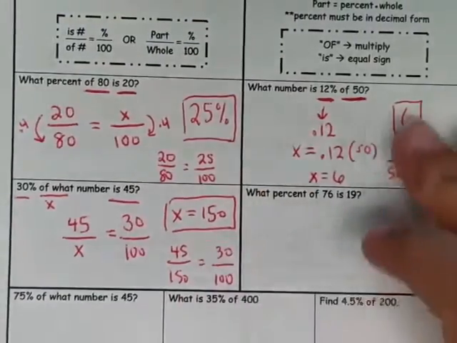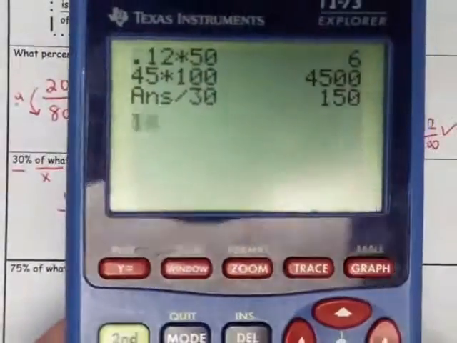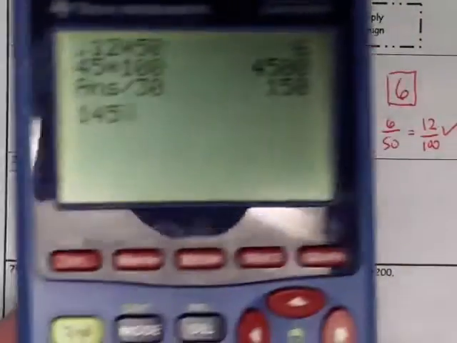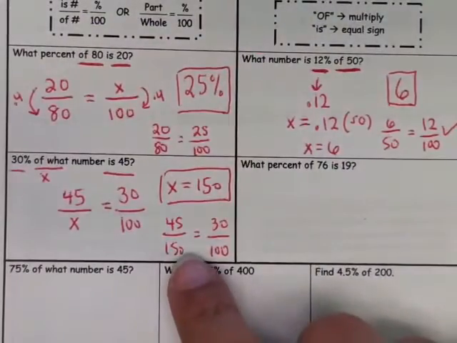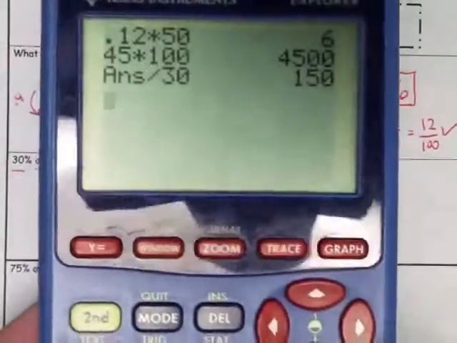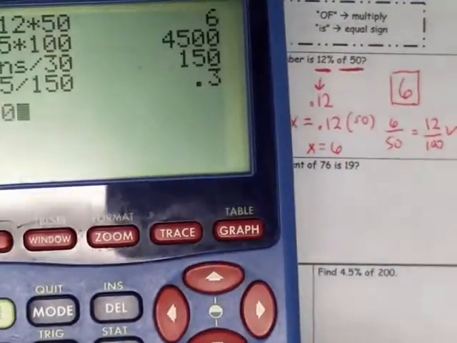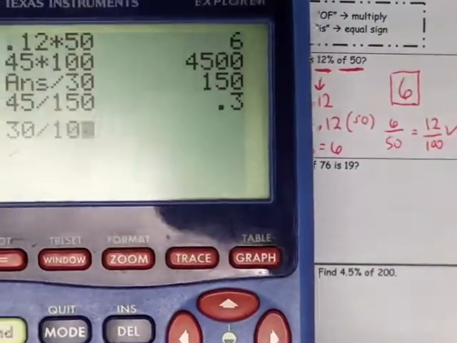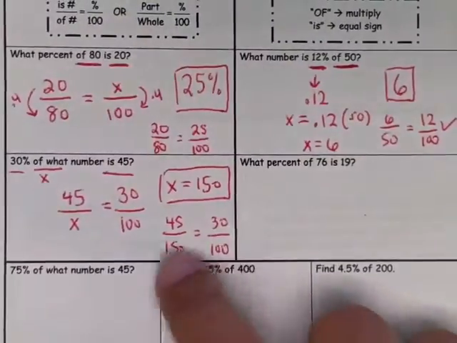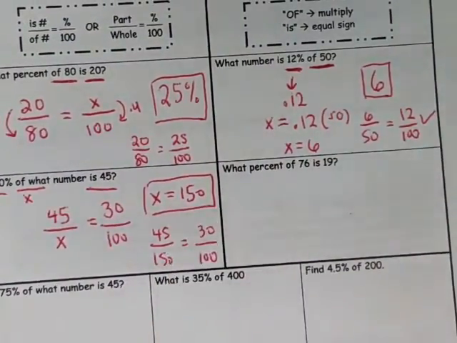I'm going to check it by seeing if their decimals are the same. 45 divided by 150 is 0.3, or 3/10. 30 divided by 100 is 0.3 or 3/10. So these are equivalent, so I know 150 works.